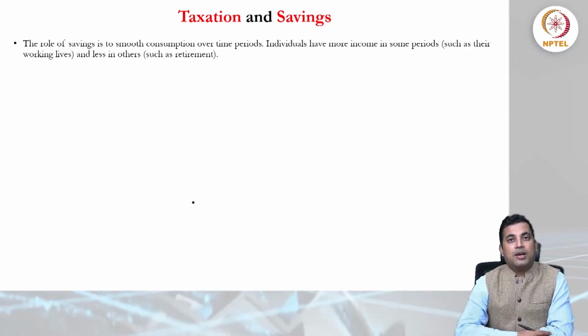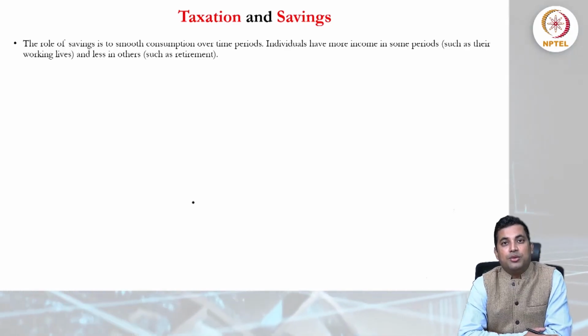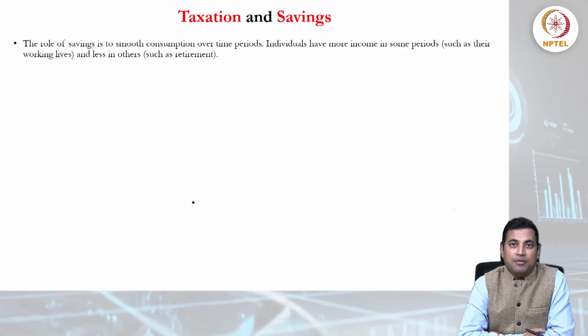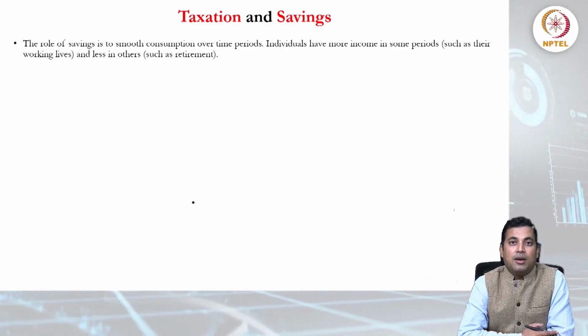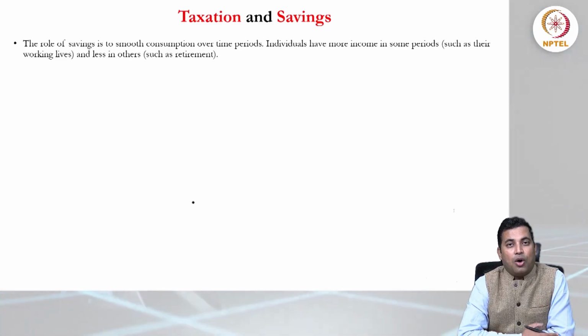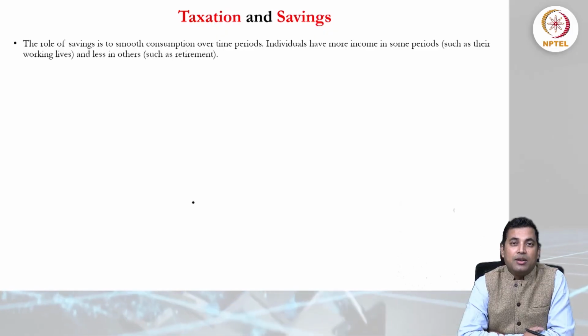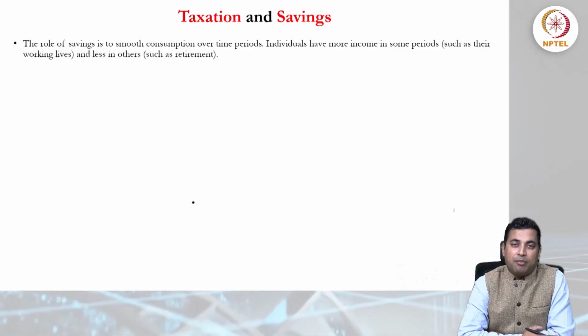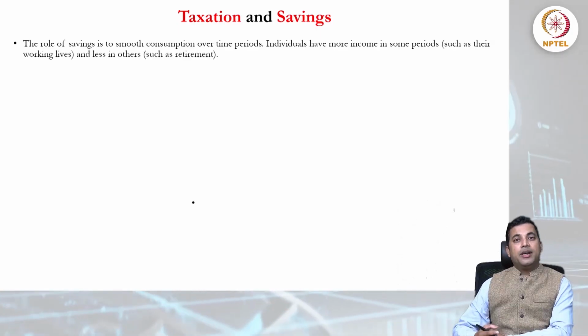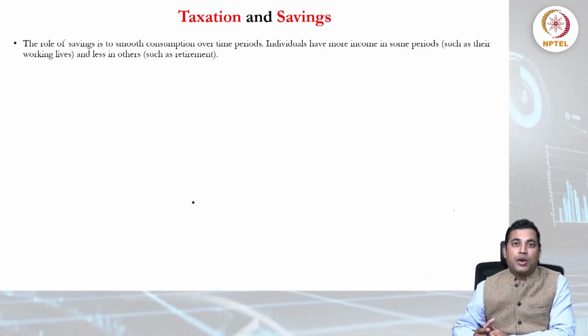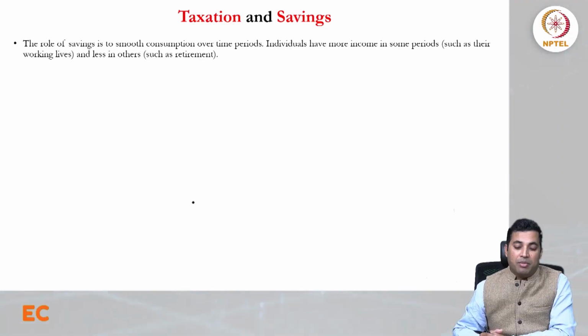Why? Because of the future, to address uncertainty, because post retirement the pension or the savings we have is much lesser compared to income or earnings during the active working period.